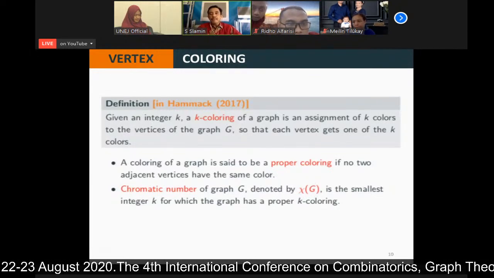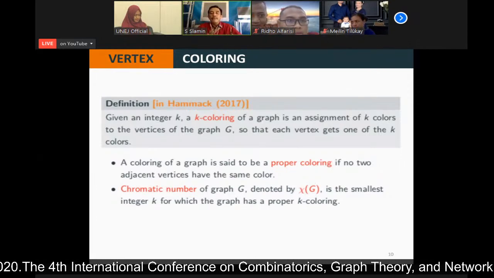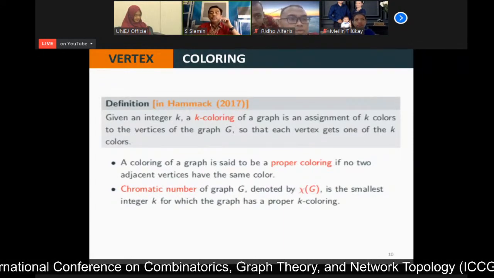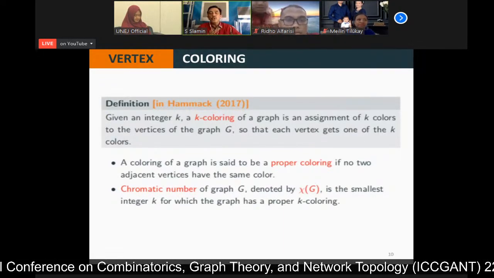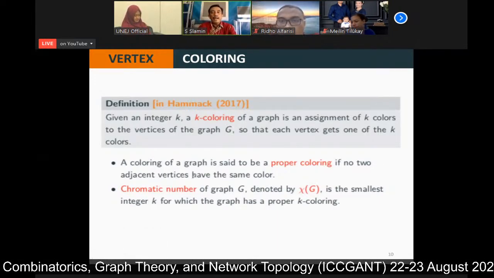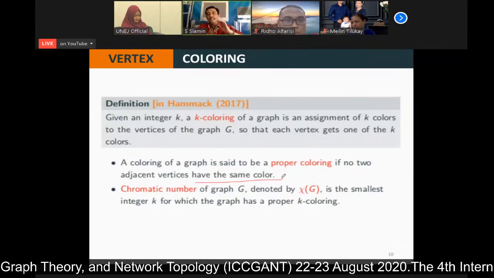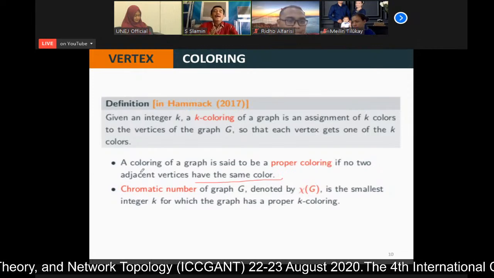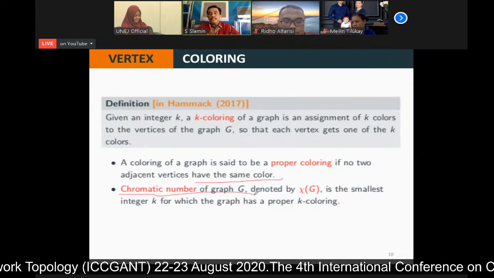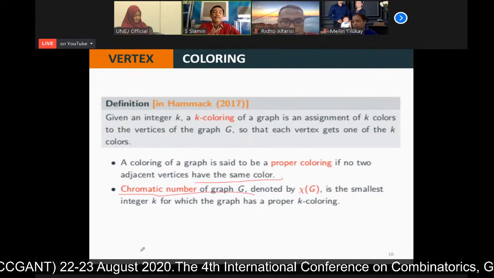We just give any color to the vertices. But now we have some restriction. A coloring of a graph is said to be a proper coloring if no two adjacent vertices have the same color. Now we can find the same definition as the previous slide. Also, the chromatic number of graph G, denoted by χ(G), is the smallest integer k for which the graph has a proper coloring.